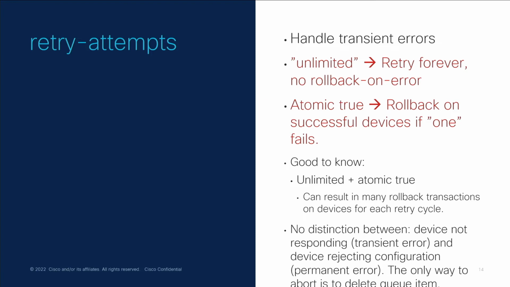There's one specific, I would say, use case of best practice: I think the default value for retry attempt is unlimited. That means if you create a transaction that will create the commit queue item, NSO will try to actually push that configuration to the device, but it will be rejected.